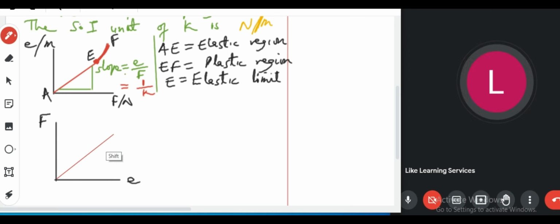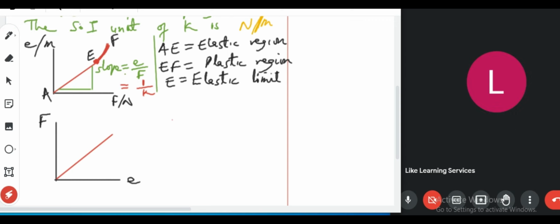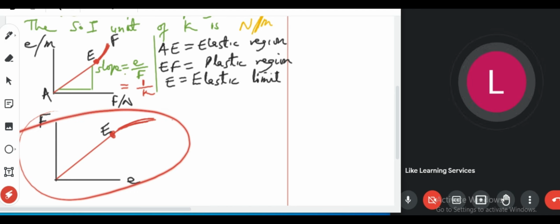So this is how it's going to look. But we need to notice something. When a graph of F is plotted against E, after or beyond the elastic limit, the graph will curve downwards like this. So if E is the elastic limit, it's going to curve downwards like this. Take note of the difference.